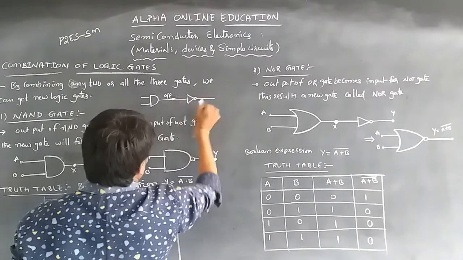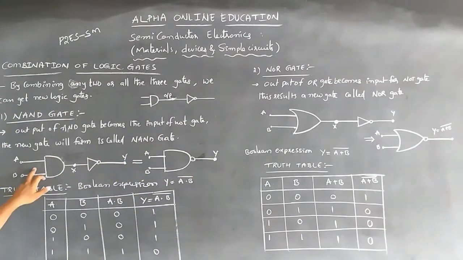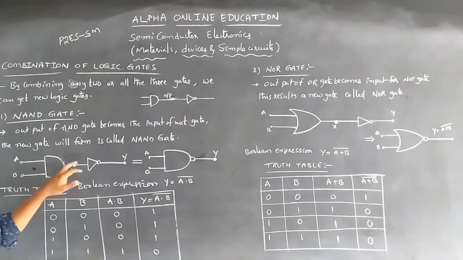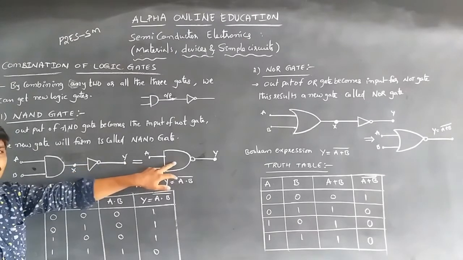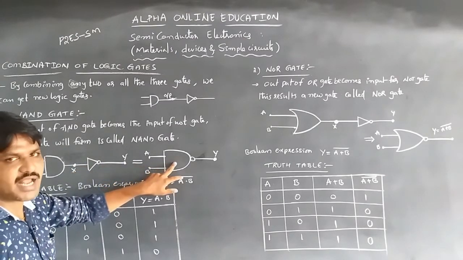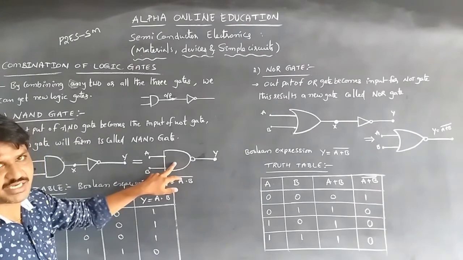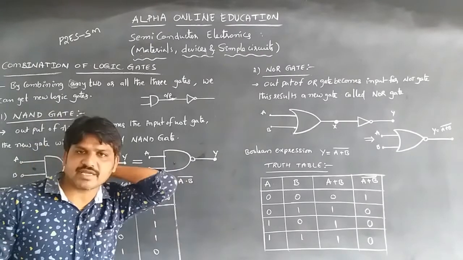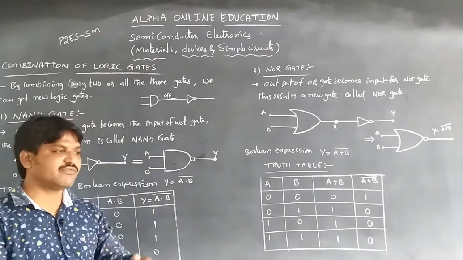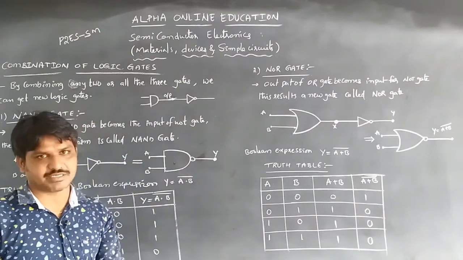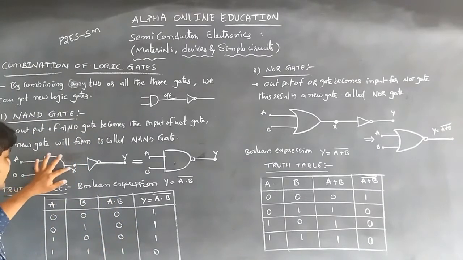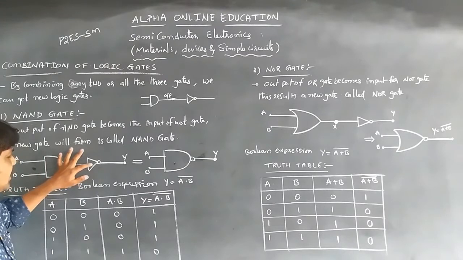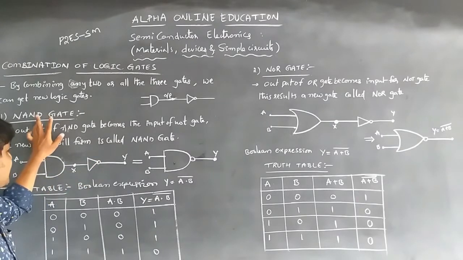Whenever the output of the AND gate becomes the input for the NOT gate, the new gate is called a NAND gate. Its output is the inverse of the AND gate's values. Once again, the AND gate output becoming the input for the NOT gate is called a NAND gate.